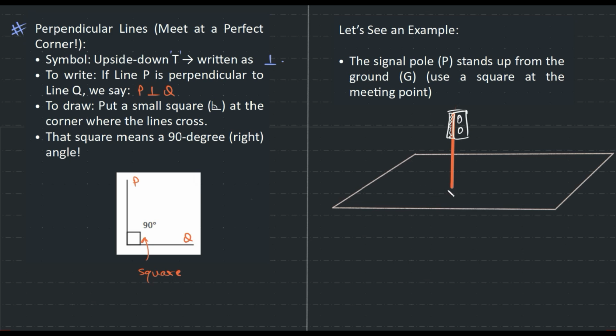The angle between the ground and the pole is 90 degrees. That's how you can represent it in a diagram. In writing, it is: pole is perpendicular to ground G. So this is how you can put it in writing.